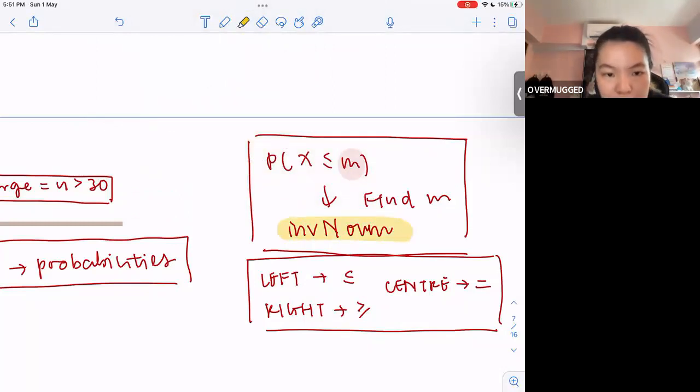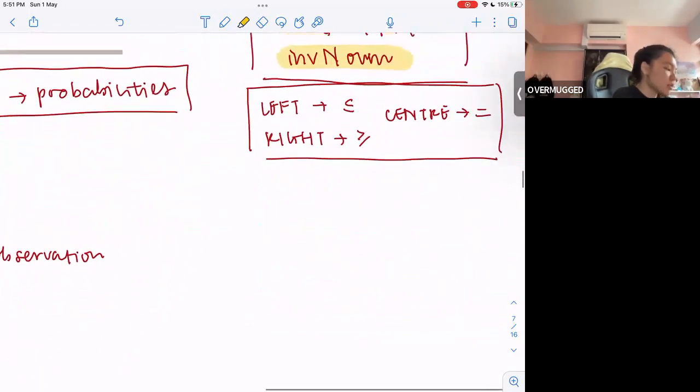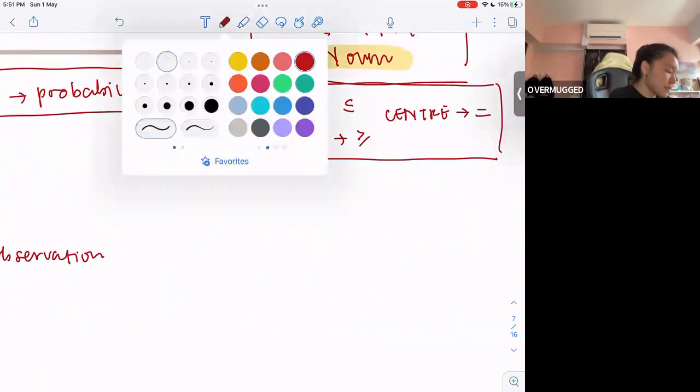Another big concept in normal distribution is your standardization.